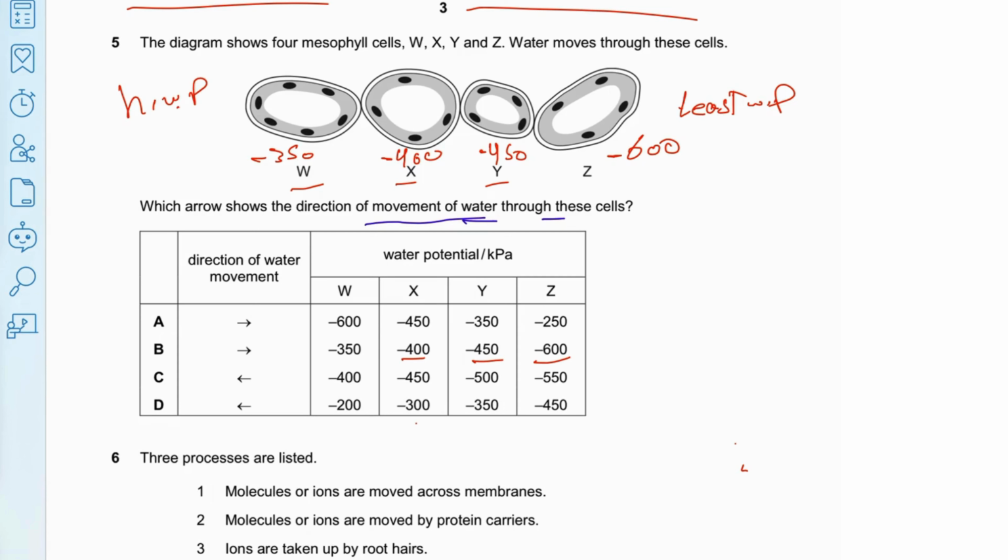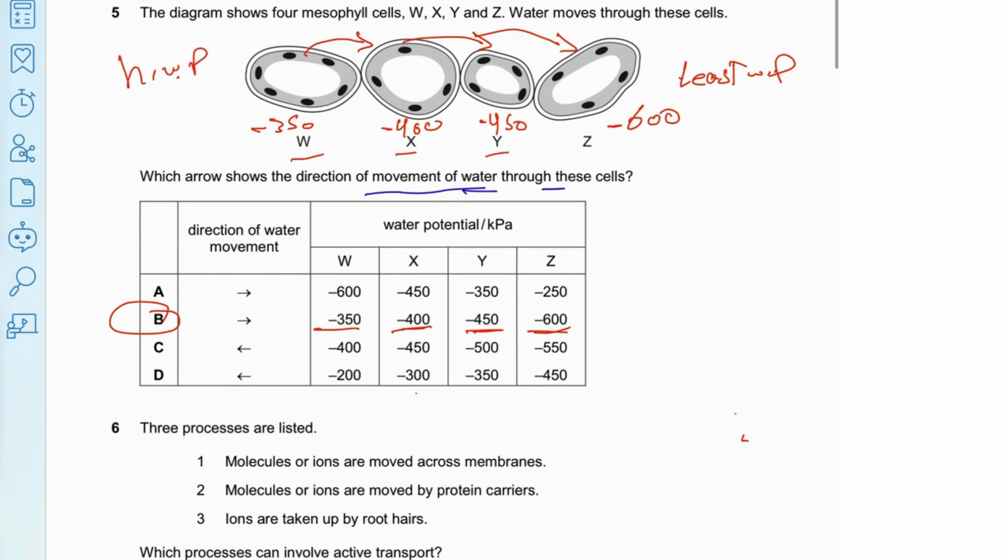So the water will move from W to X, from X to Y, from Y to Z. Is it correct? Perfect. It will be B, from negative 350 to 400, 450 to 600. So my answer is B.